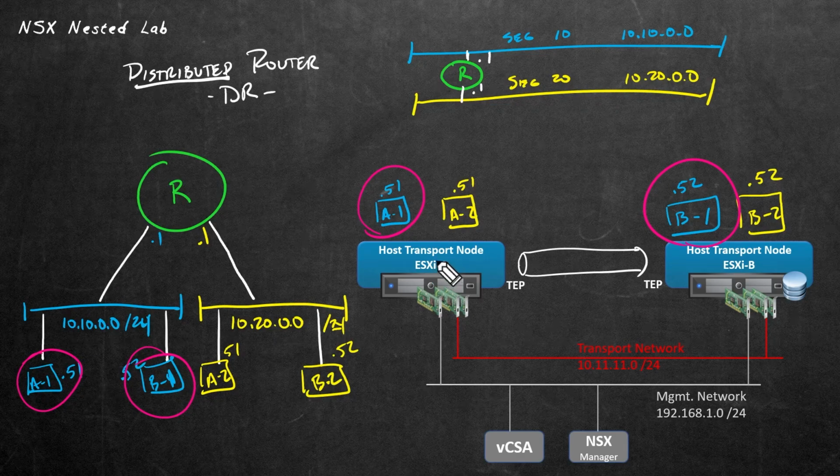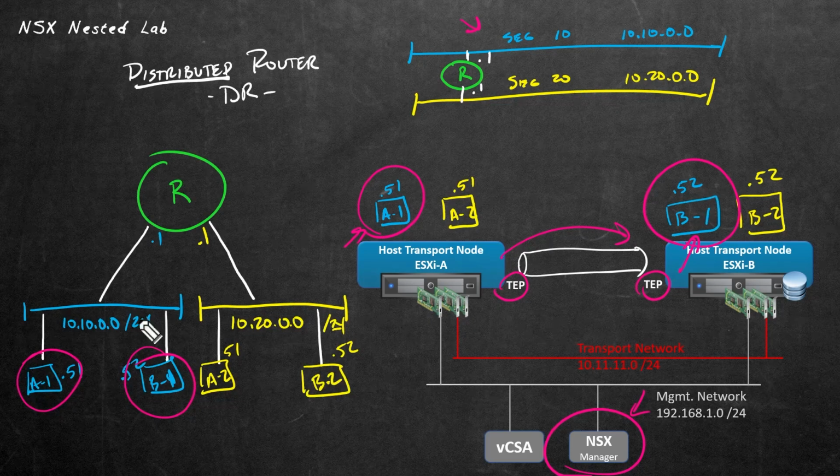So in this case, ESXi would see the traffic coming in from that VM. ESXi would know, based on this overlay segment, and based on the information it received from NSX, exactly where the destination is, which in this case would be over the tunnel. So host A would take the original traffic from this VM, encapsulate it, ship it over the tunnel from its tunnel endpoint over to the tunnel endpoint address for ESXi, who would de-encapsulate it, and then forward it on to that final VM. In this example, it's B1 at .52.